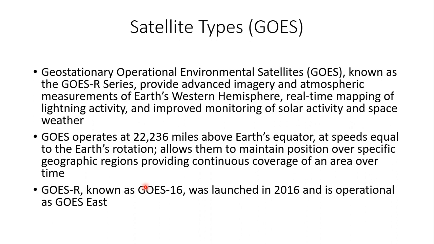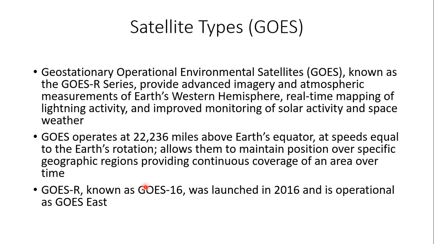They provide advanced imagery and atmospheric measurements of Earth's western hemisphere, real-time mapping of lightning activity, and improved monitoring of solar activity and space weather as well. Now, GOES operates at 22,236 miles above the Earth's equator, and it stays in a fixed location because the speed at which the satellite is moving equals the rotation of Earth.